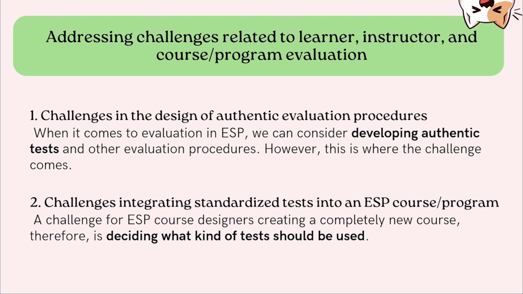You can also try to find an overlap between the content of the standardized test and the knowledge and skill addressed in the ESP course, and then highlight the similarities where possible. Another strategy is to collect quantitative data of learner performance on the standardized test and their performance in the ESP class and show the degree to which the scores are correlated.